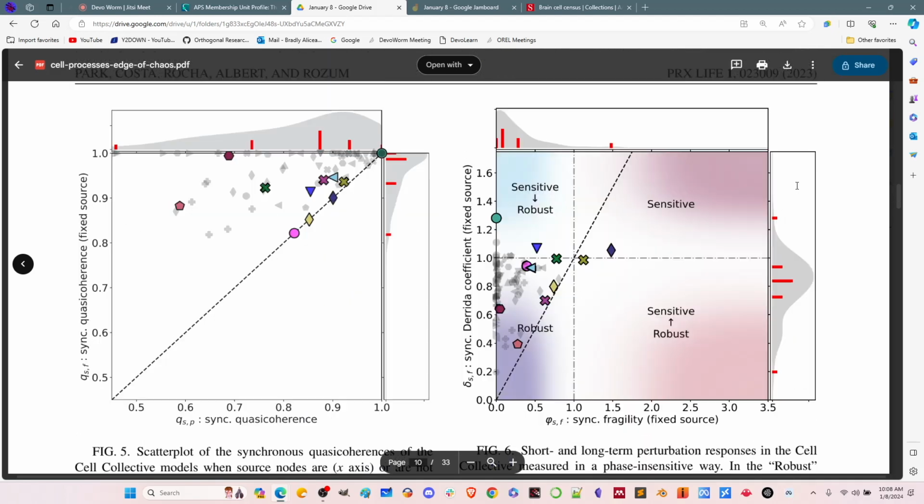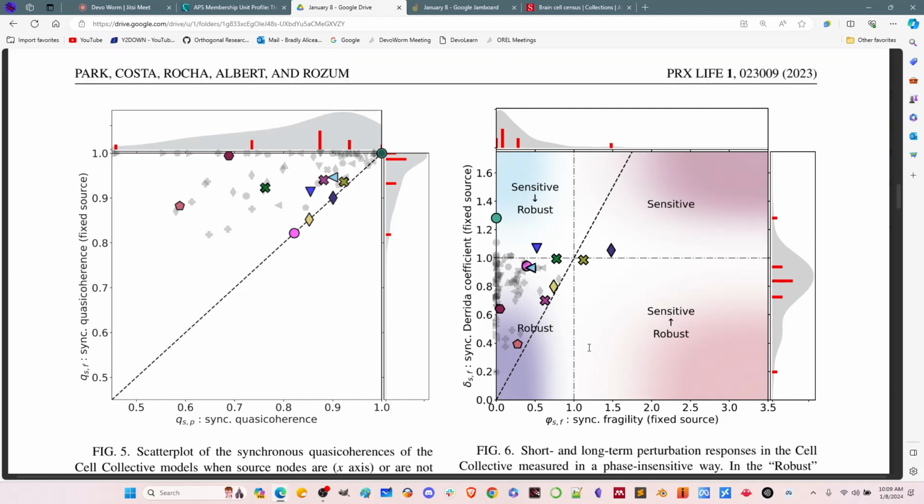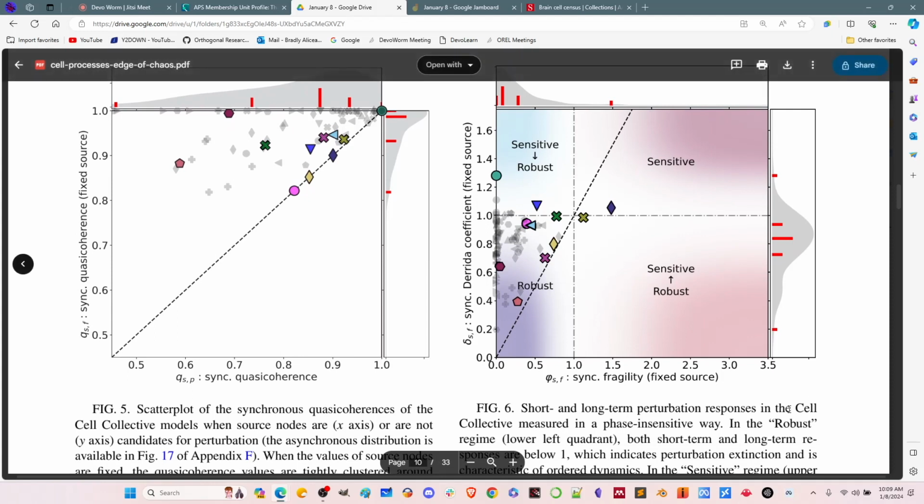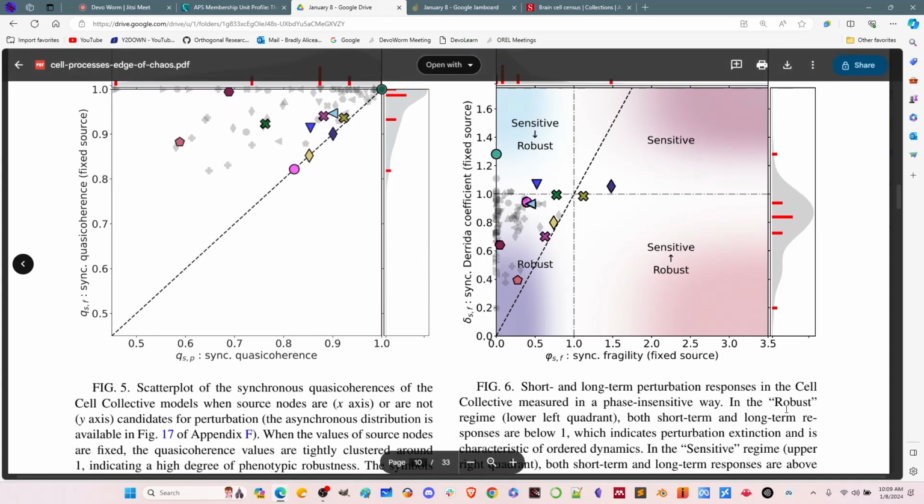But I'll finish with this, where they have a graph of this phase space. You have robust, sensitive to robust, sensitive, and then robust to sensitive. So these are short and long-term perturbation responses in the cell collective, measured in a phase and sensitive way.